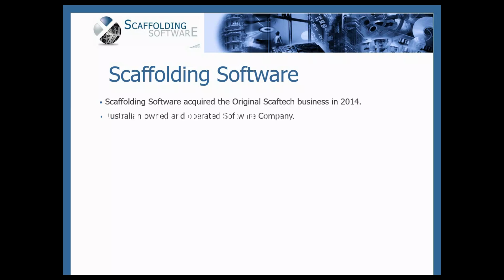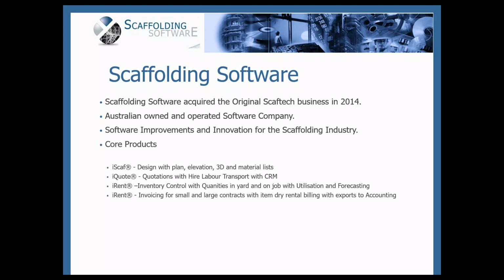A quick summary of our products. We have 4 core products in our range for software. We have the iQuote system, which is a quote management system with CRM to generate actual quotations to send to clients, as well as reporting for quotes won versus quotes generated.